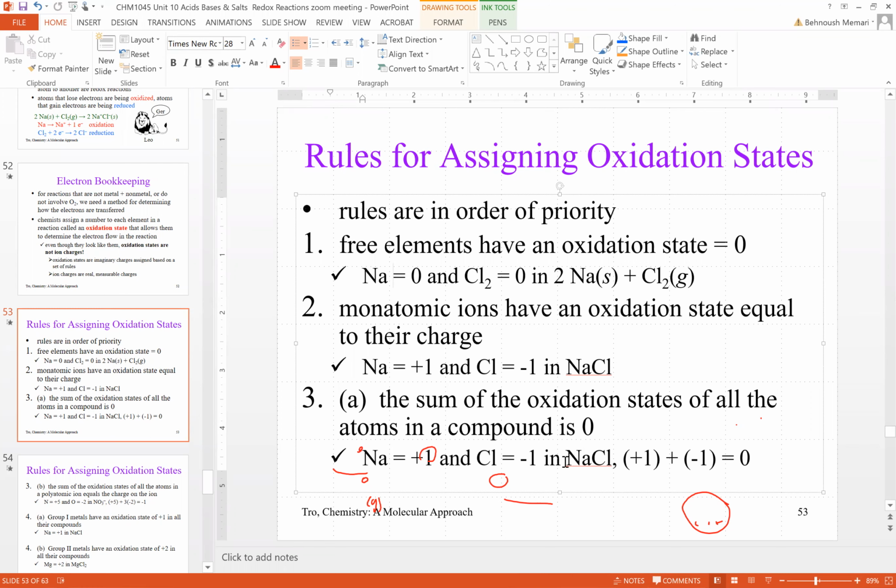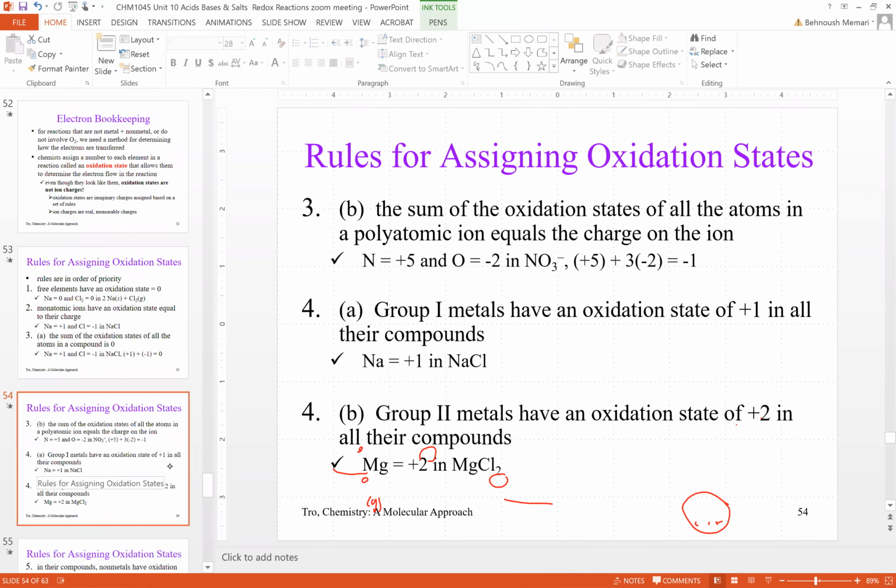So if you have the oxidation number for one element and not the other, you can set up an equation and determine it. The sum of the oxidation numbers for elements in a polyatomic ion equals the charge of the ion.